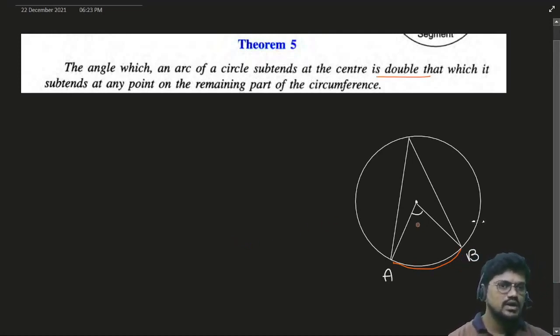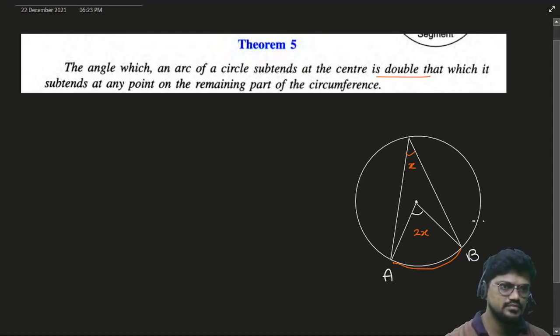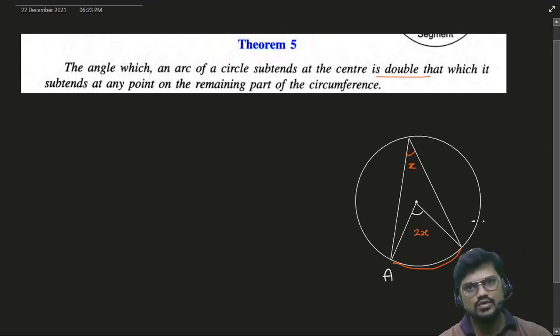That means if this is whatever angle it subtends over here, this will be double of what it subtends at this point. Means if this is x, then this will be 2x. That's what you need to prove. Did you understand what we need to prove? Do you know how to prove? No. Fine. Okay.